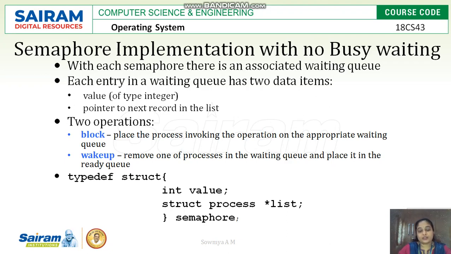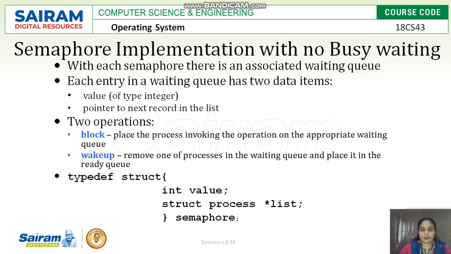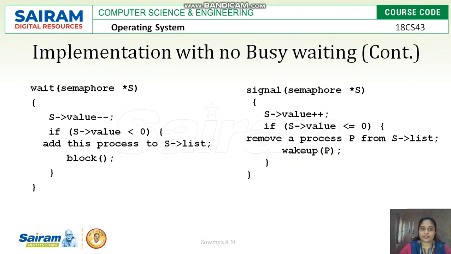To do that, we have a typedef structure with an int value and a list of processes, and based on the semaphore value, blocking the queue and waking up the queue is done. So the implementation with no busy waiting, where we have block and wake up operations, is this.